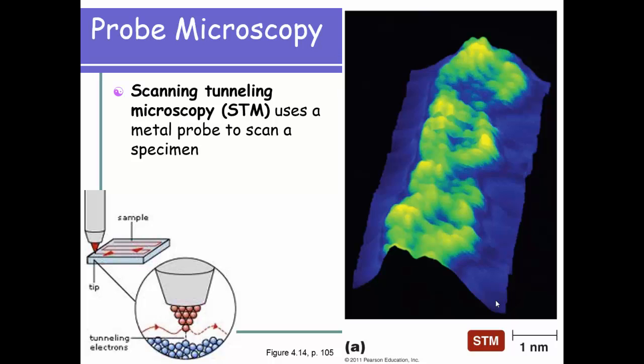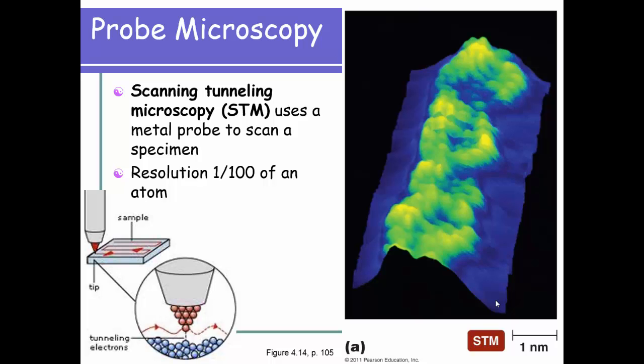The scanning tunneling microscope uses a metal probe to scan the specimen. The tip will actually move back and forth along the specimen and use electrons to read the surface of the specimen. In this picture, hopefully you can appreciate the double helix of DNA. We can get resolution with a scanning tunneling microscope to 1/100th of an atom.